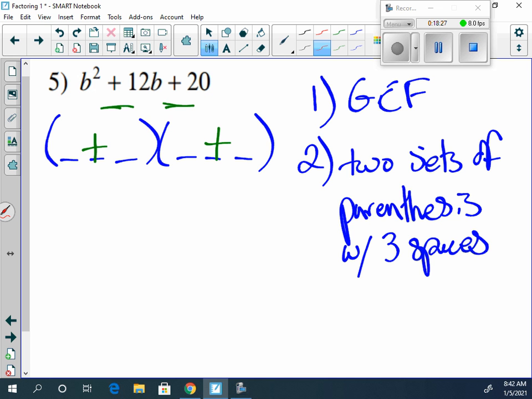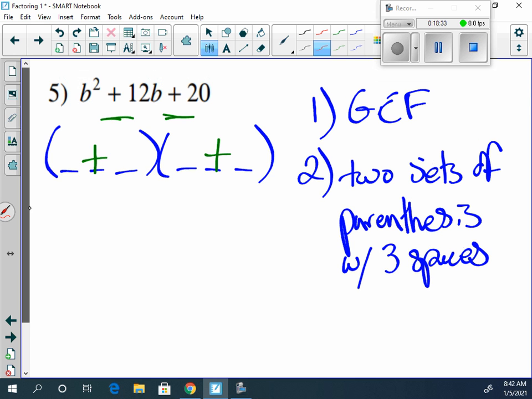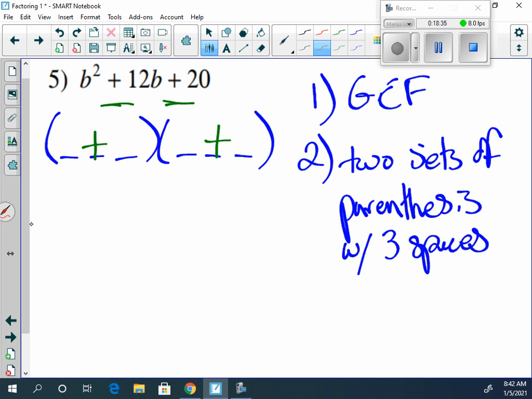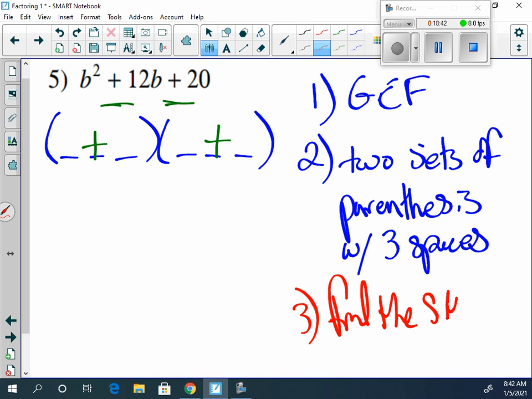So that was step number 3, and I didn't write it out here, because our step 3 was finding these signs. We did that. Our fourth step is finding the terms, the factors of the first term and the third term.